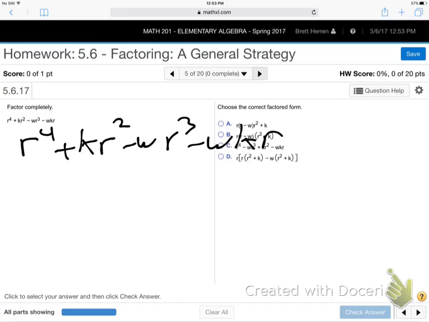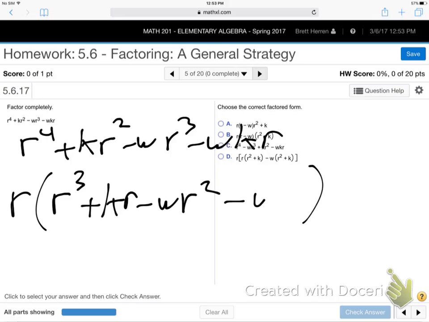What's the first step on every factoring problem? What do they all four have? R. You've got to do it. So don't jump into the 2-2 thing. First, take an R out. Is that good?